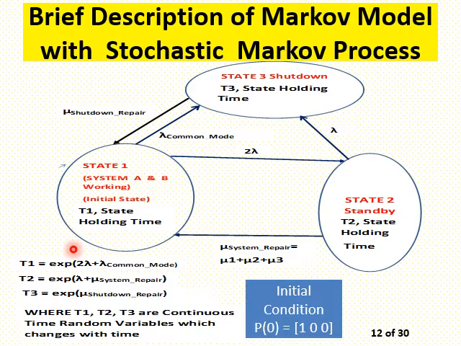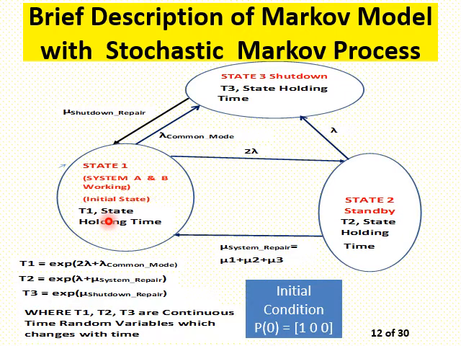For example, you have two outgoing transitions from state 1: one to state 2, and another to state 3. The parameter of the first transition is 2 lambda, and the parameter of the second outgoing transition is lambda common mode. So T1 is equal to exponential of 2 lambda plus lambda common mode.